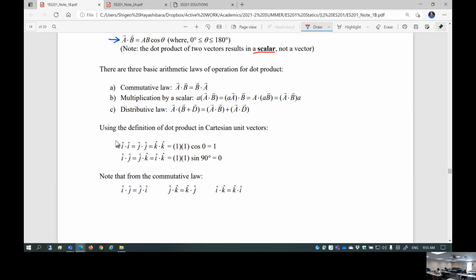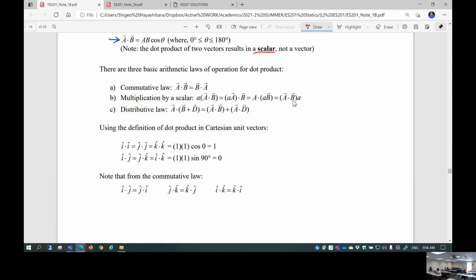And then those are the basic arithmetic rules. Something called the commutative rule: A dot B is equal to B dot A. You can change the order and still get the same result. If you multiply a scalar to the dot product, of course, you can open it up just like arithmetic. Scalar multiplied by vector A, take a dot product with B, or vector A dot product against the scalar times vector B, or A dot B in brackets multiplied by the scalar, everything is the same thing.